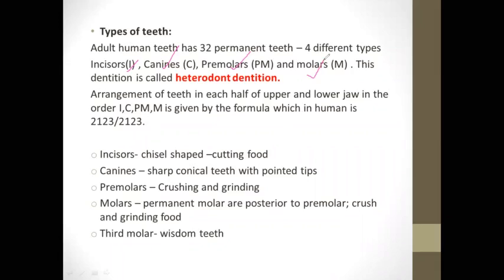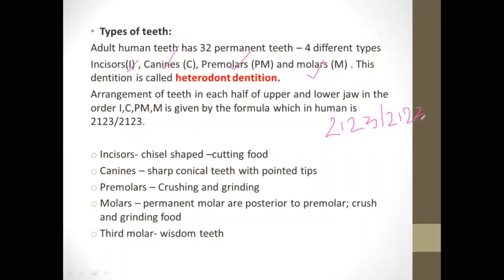And this arrangement of teeth is called the heterodont dentition. And what is the formula which is actually given? We have the formula as 2123 divided by 2123, and it is one of the most commonly asked questions in the NEET examination.